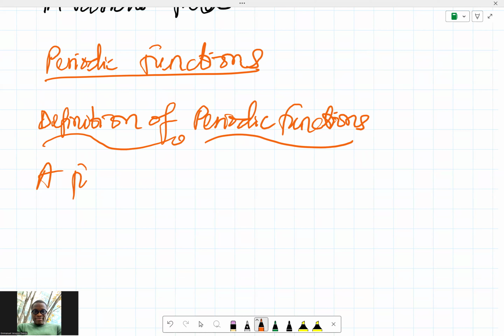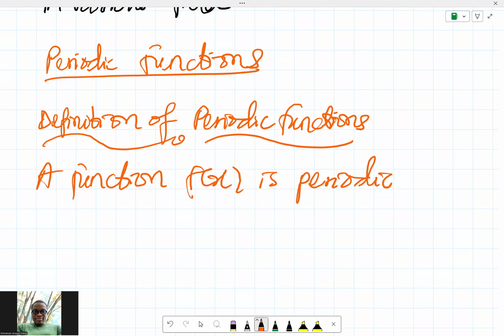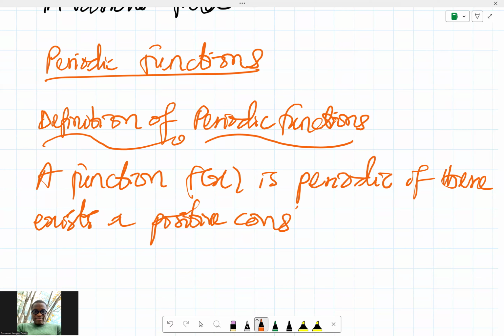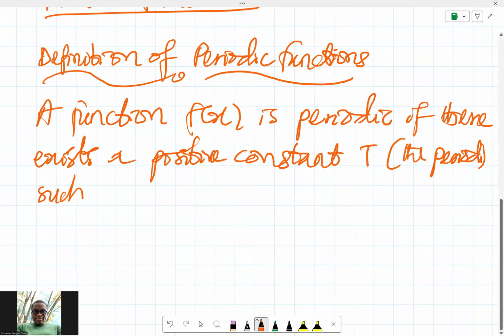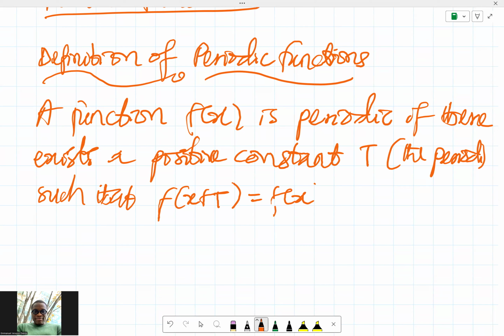A function f of x is periodic if there exists a positive constant T, which is called the period, such that f of x plus T is equal to f of x.